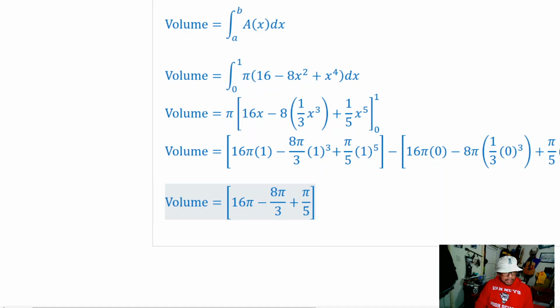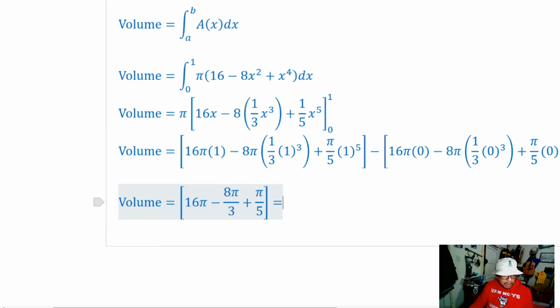Okay, how can we do this real quickly? How about if we take these last two terms and put them on a common denominator and see what falls out. So our common denominator is going to be 15.